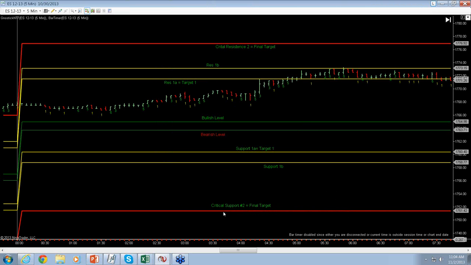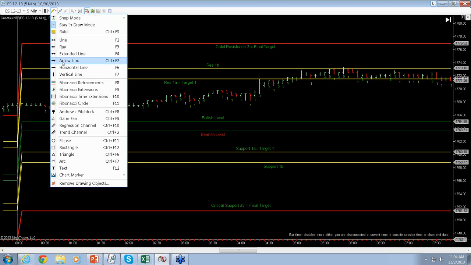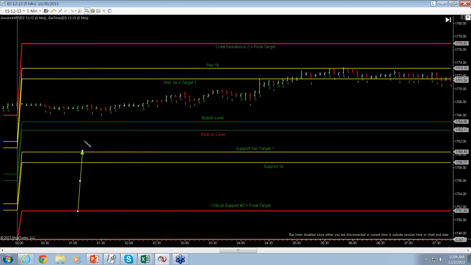These upper and lower red lines are simple critical resistance, but they're final targets. Think of this as one big trading field. Maybe you're a soccer fan, a football fan, American football, or a hockey fan. Just think of these as the goal lines, looking to score your final targets.